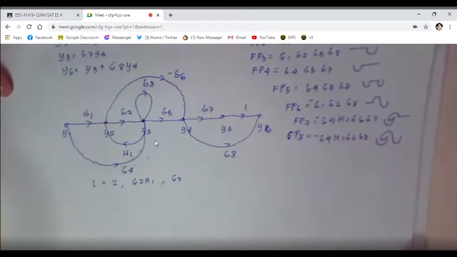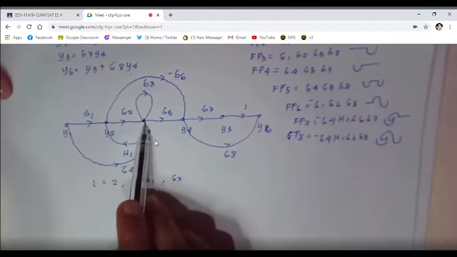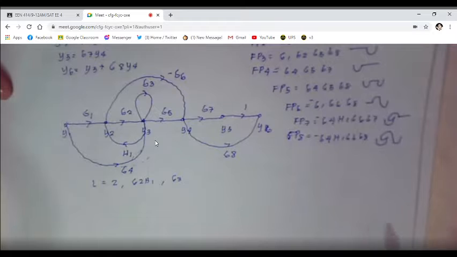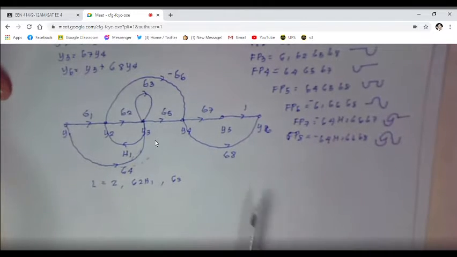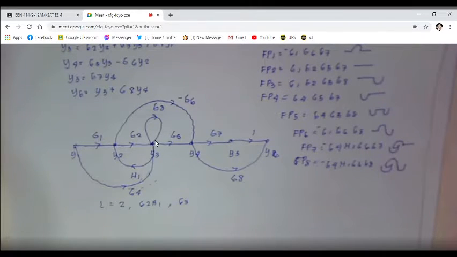Yan. Dalawa lang. Non-touching, wala. Kasi ito lang ang dalawang loop. Tapos touching pa sila, so wala. Okay? Yan na yan. That's number 1. Okay, next.